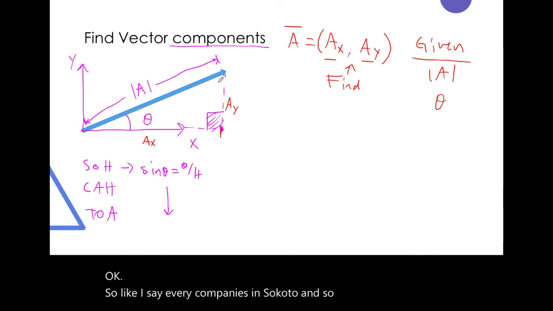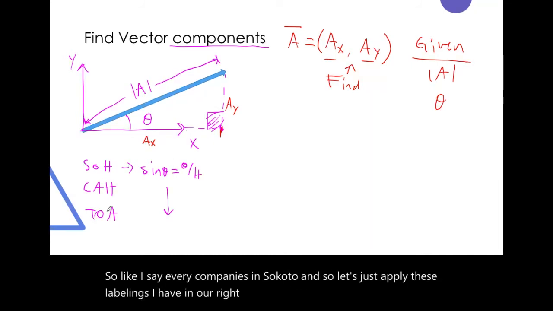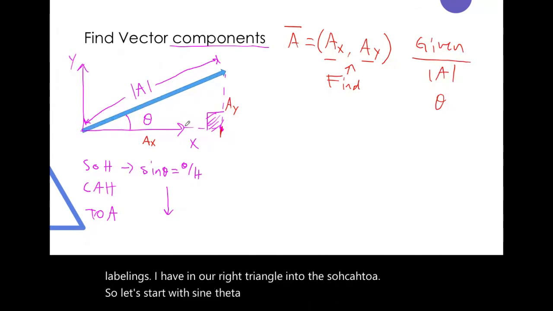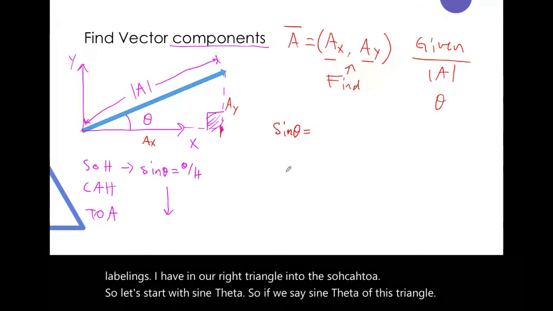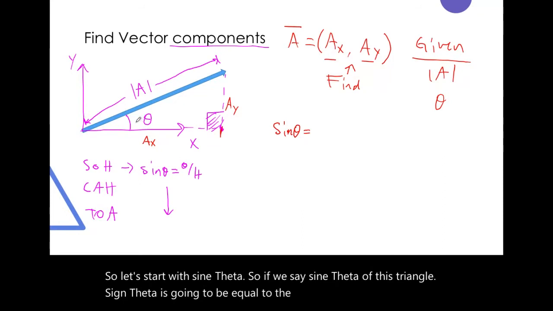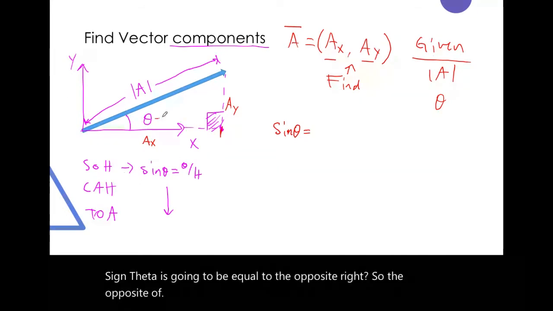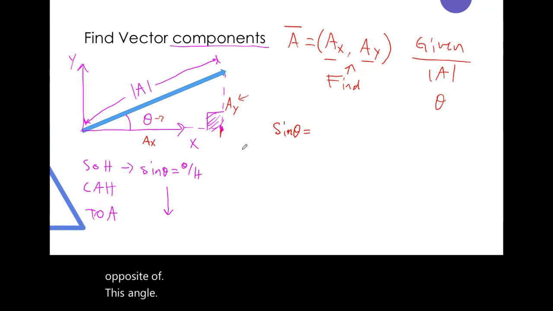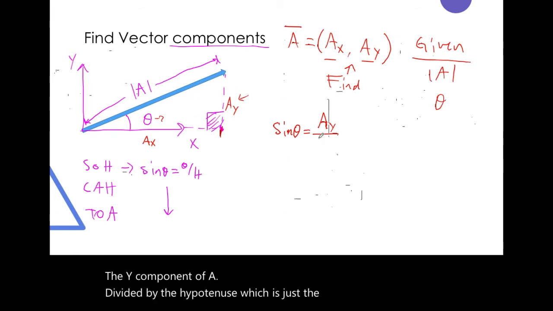So let's just apply these labelings I have in our right triangle into the Sohcahtoa. So let's start with sine theta. So if we say sine theta of this triangle, sine theta is going to be equal to the opposite, right? So the opposite of this angle is AY. So it's going to be AY, the y component of A, divided by the hypotenuse, which is just the magnitude.